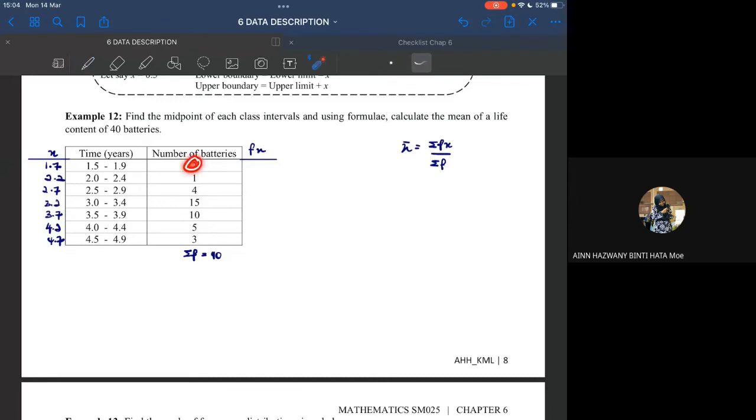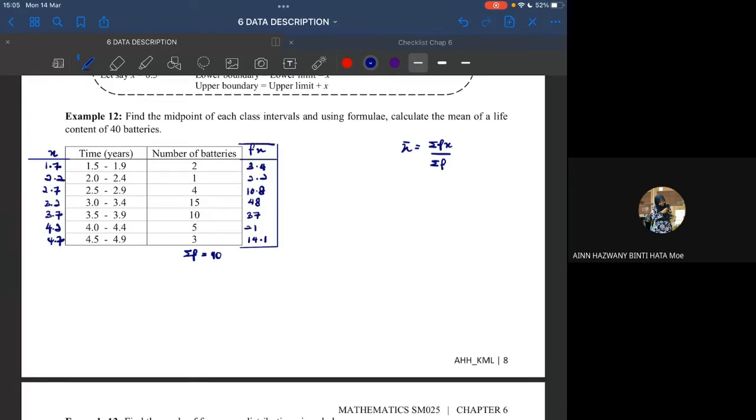Okay, so F ialah frekuensi kita darab dengan kita punya X. So kiralah dekat sini, 2 times 1.7 kamu akan dapat 3.4. 2.2 times 1 kita dapat 2.2. 2.7 times 4 kita dapat 10.8. 3.2 times 15 kita dapat 48. 3.7 times 10 kita dapat 37. 4.2 times 5 kita dapat 21. 4.7 times 3 kita dapat 14.1. Okay. So ini satu lagi kolom yang kita kena tambah dalam table kita.